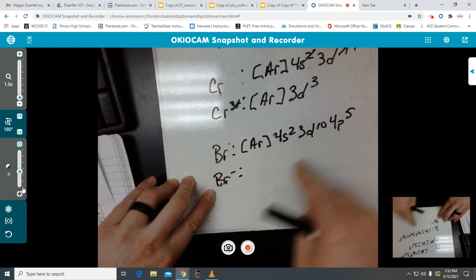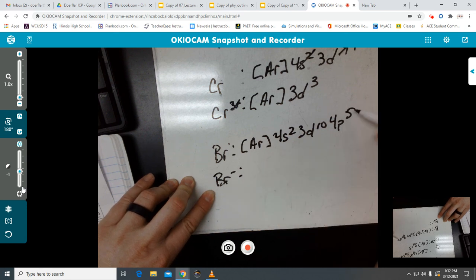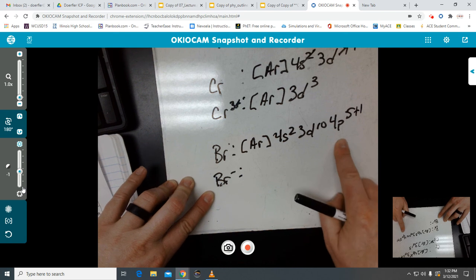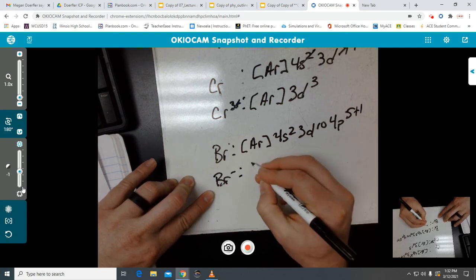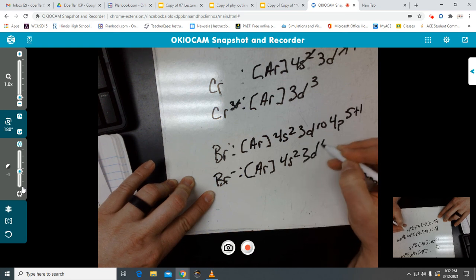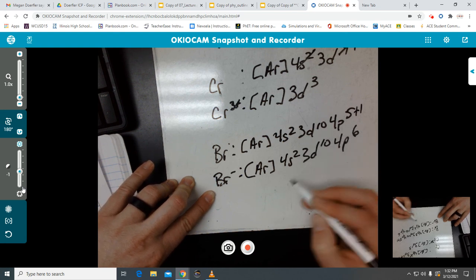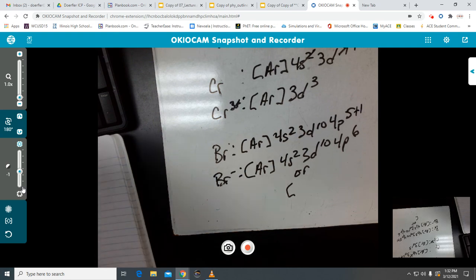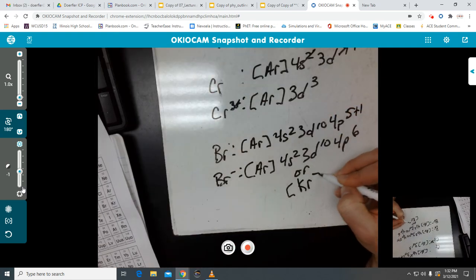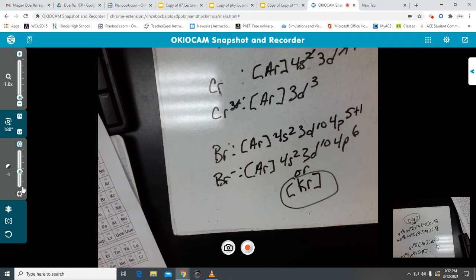That means we have to add 1 electron. And the only place where we can add 1 electron that isn't already full is right here in the 4p. And so we get [Ar] 4s2 3d10 4p6. Or we know what that is: if we go one more, adding 1 more electron, our answer could also be krypton.